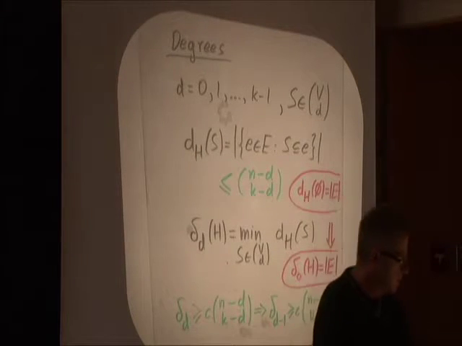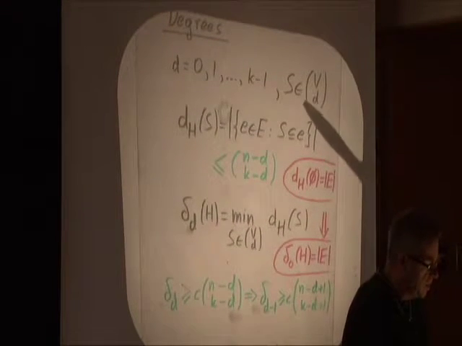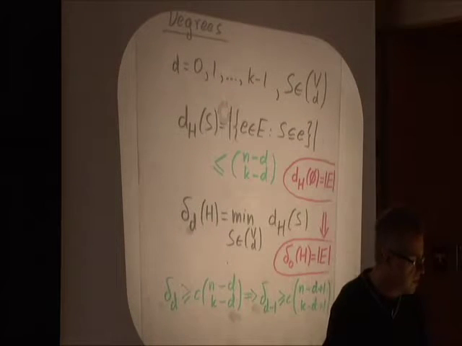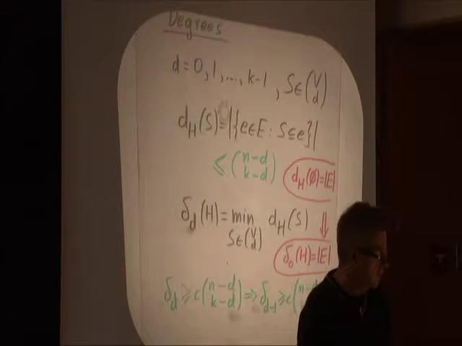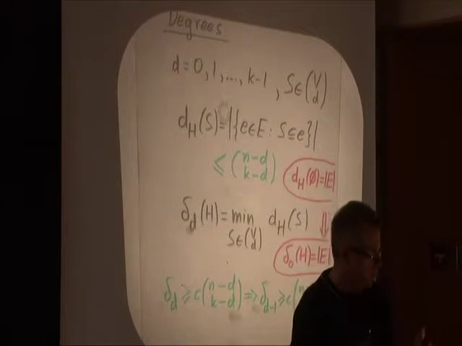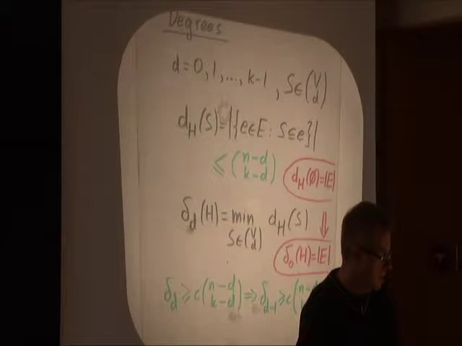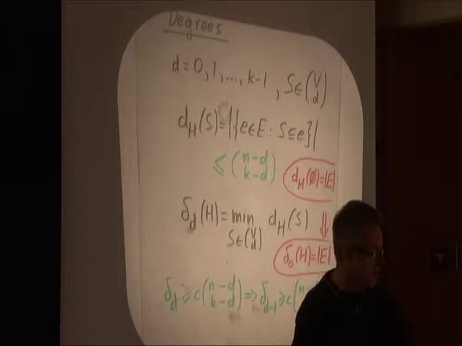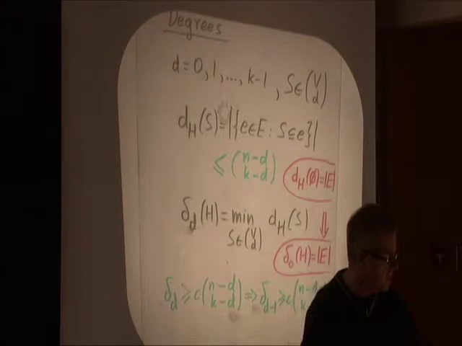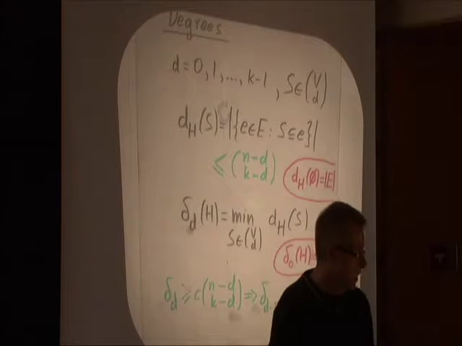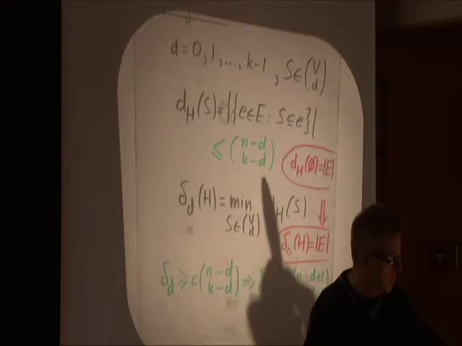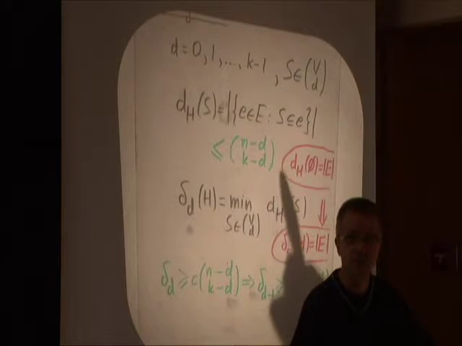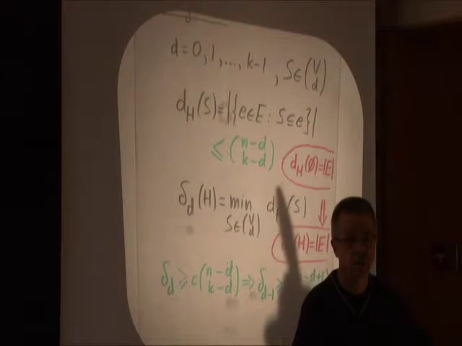So here is a general definition where for a set S of size d, we denote by d_H(S) the degree of that set, which is the number of the edges which contain that set. So, for example, it should be clear that you cannot have more than that many, but this is also possible.